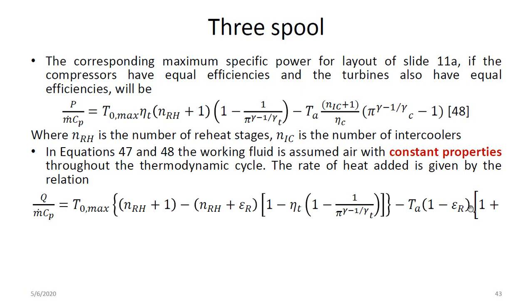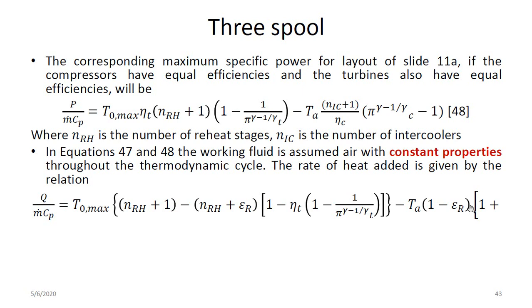And in here, NRH is the number of reheat stages, and NIC is the number of intercoolers for a 3-spool which has intercoolers and reheat. And note that in both equations 47 and 48, the working fluid is assumed to be air with constant properties, that is gamma and Cp.